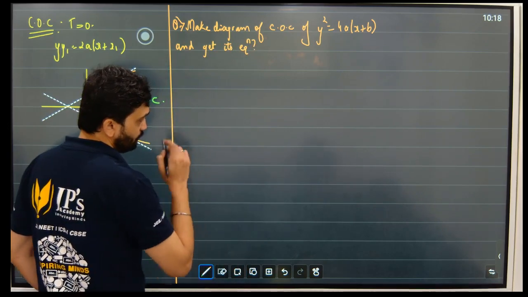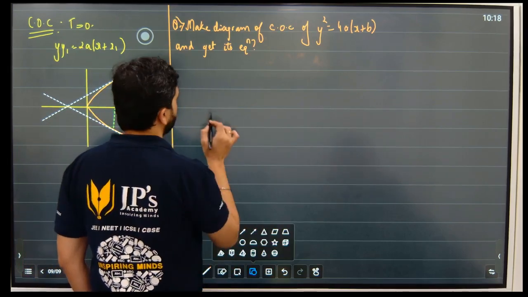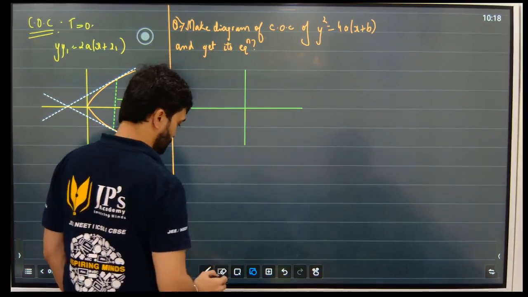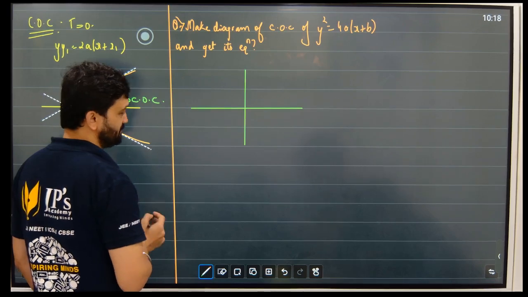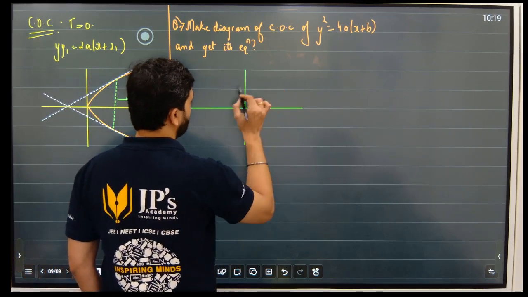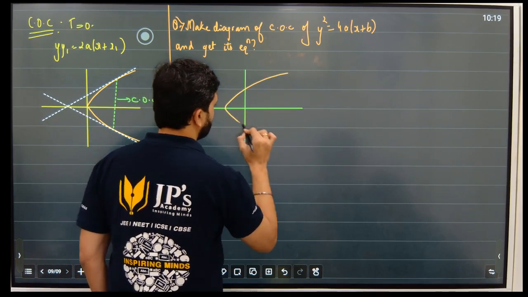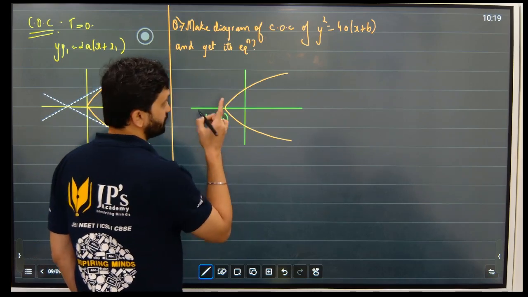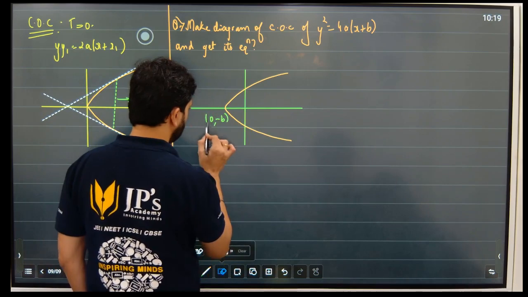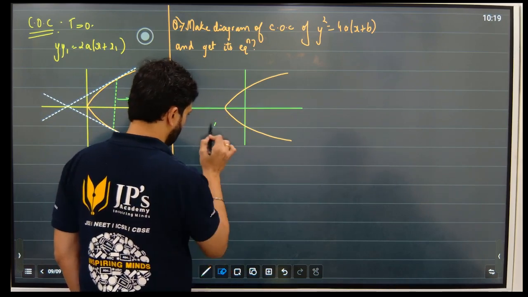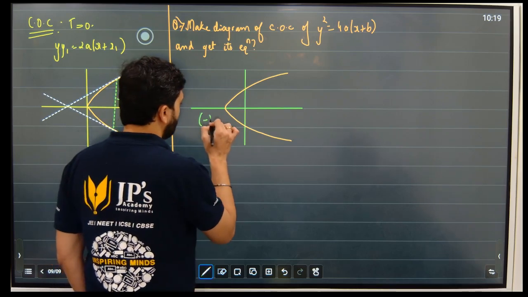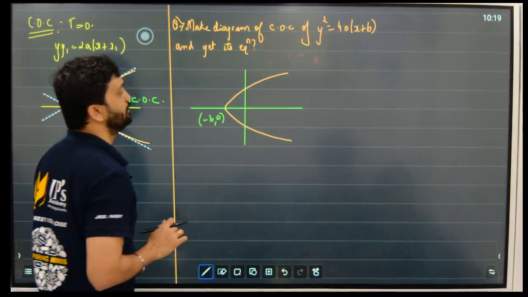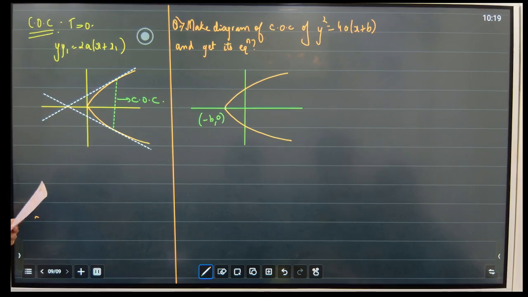Now I know that if you check the diagram, the vertex is 0 comma minus b, sorry, minus b comma 0. So my diagram is going to be like this, because the vertex of the parabola is minus b comma 0.